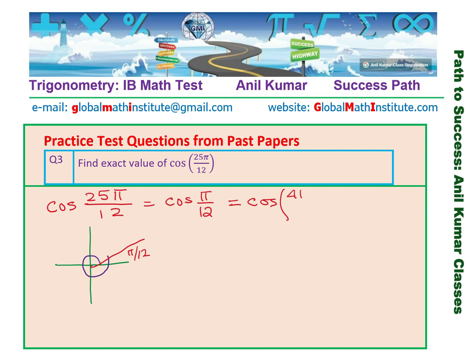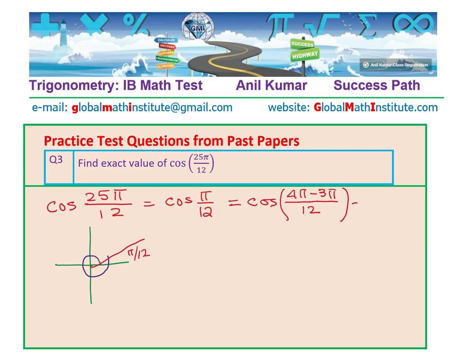So you could write this as 4 pi minus 3 pi. Does it make sense to you? I'm just trying to show you how we break it, right? So which means cos of pi by 3 minus pi by 4. Makes sense to you? So we're trying to answer this question with the help of the compound angle formula, right?